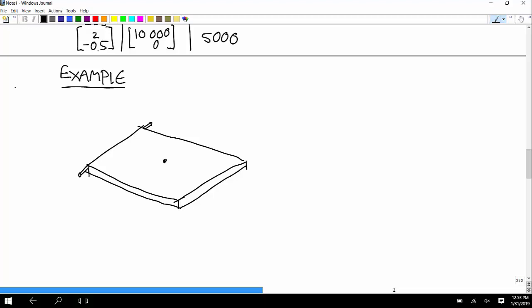But let's say right at the center, there's a cable connected to this plate, and that cable connects to the wall above it.